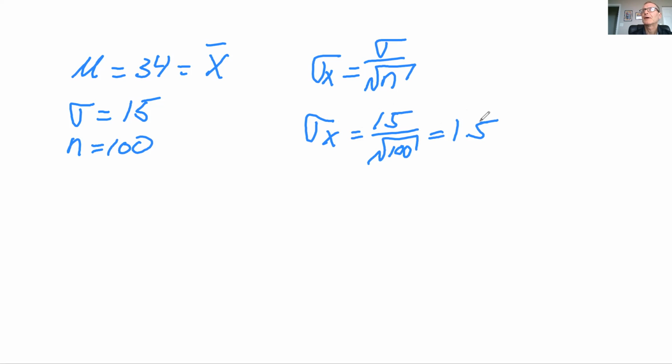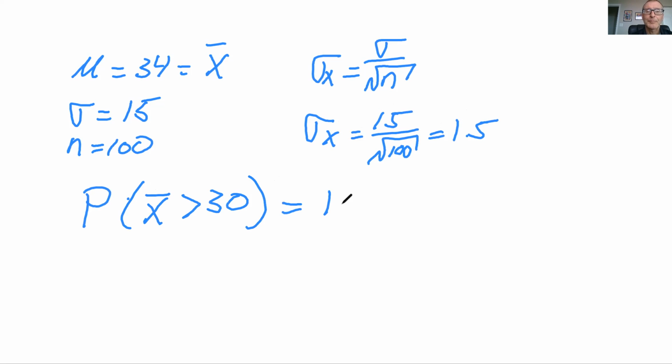And so the next question is find the probability that the sample mean is more than 30 years. So the probability that the sample mean is greater than 30. And so that would be 1 minus the probability of the sample mean being less than 30.